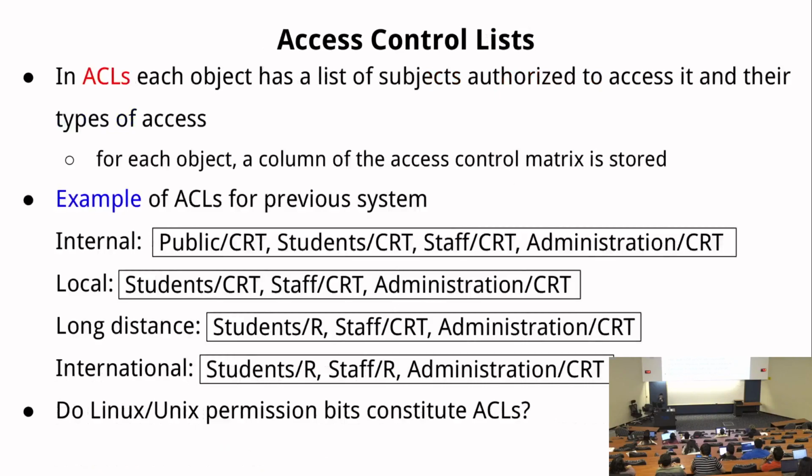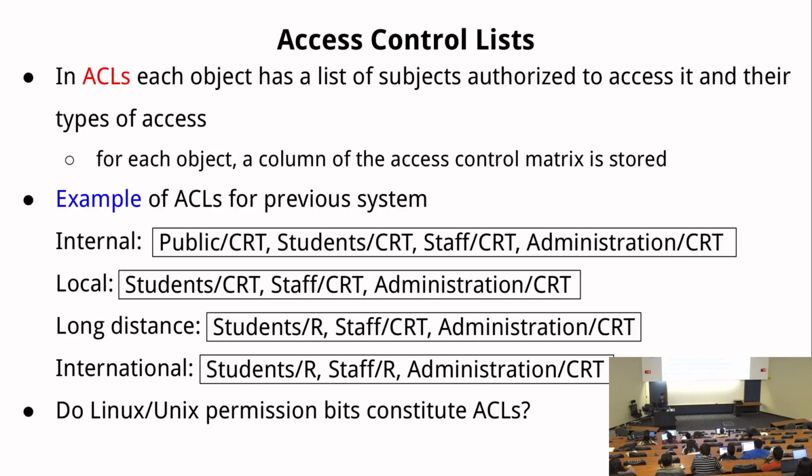For example, if we use the access control list for the telephone system, then we can say the object is the internal on-campus phone call. Then we can say the subject, public, meaning everyone, will be able to make phone calls, receive phone calls, and also transfer, and so on, right?